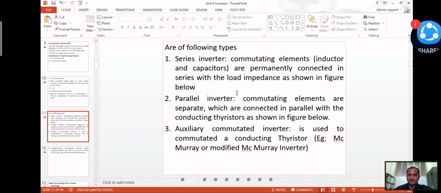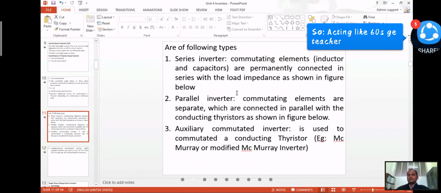We'll see this later on. In parallel inverters, the commutating elements are separate, connected in parallel with the conducting thyristors. In series inverters, they are permanently connected in series.